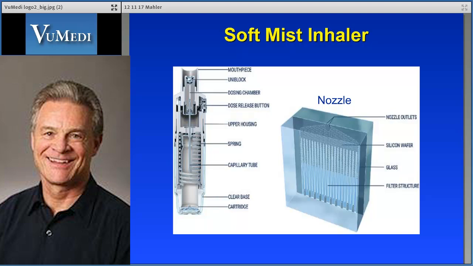Note, the bottom left is the cartridge which contains the medication. Above that is a spring. Above that is the dosing chamber. And above that is the nozzle, which is shown magnified on the right. The nozzle contains multiple microscopic outlets which provide the soft mist delivery.